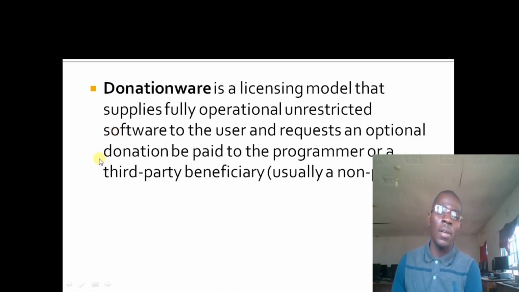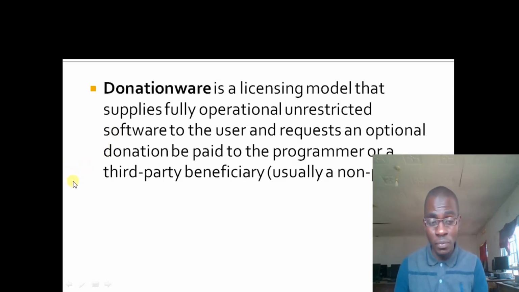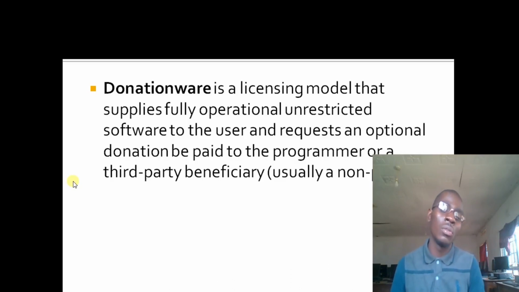Then the other category is donationware. This one is software that is developed by someone and put on the internet for people to use for free, but the developer will ask you to donate if you think the software is good and you want to appreciate the person who developed it.